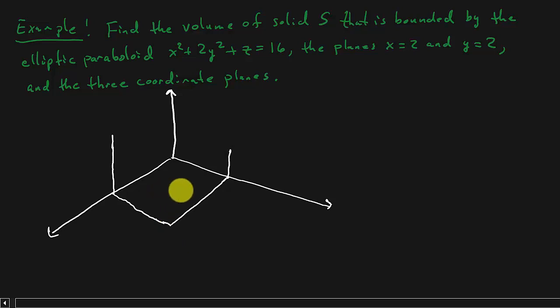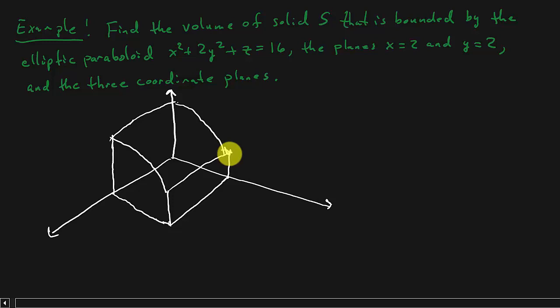But we've got an elliptic paraboloid that looks like this. If we drew this up right here, you'd have something like this, and then it would maybe come like this, and then here, and then here.